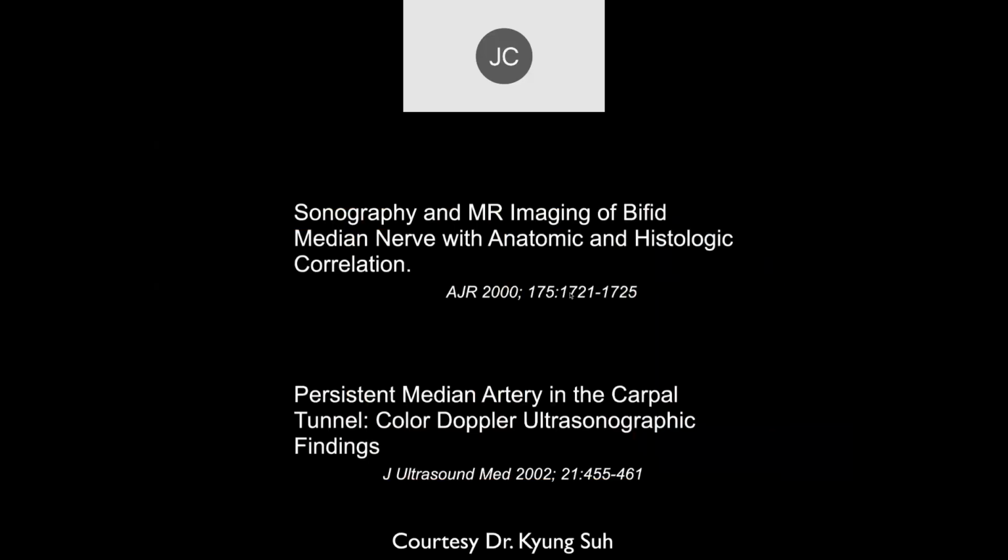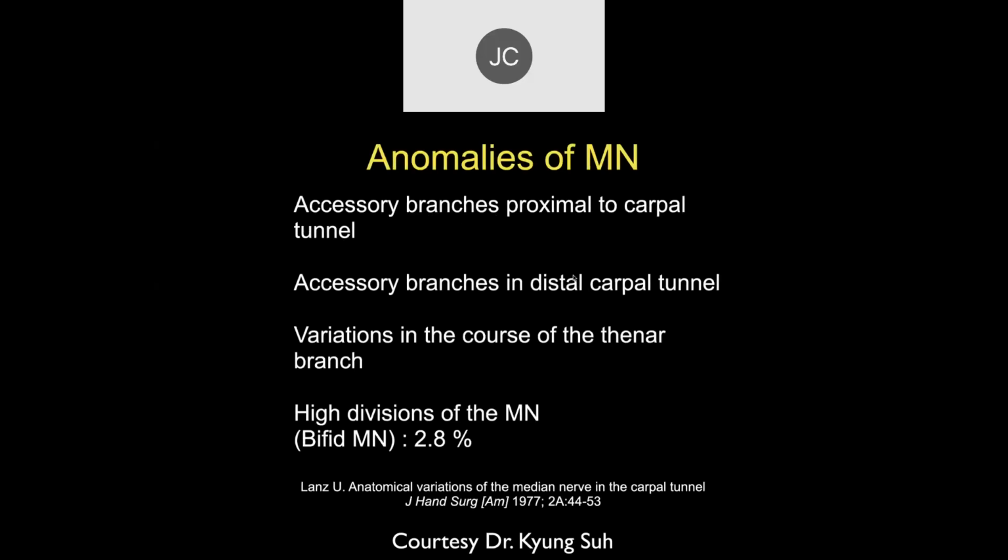And what you can see is that there's actually a lot of variation in the anatomy of the median nerve. You can have one, two, or three fascicles of the nerve. And when you have that, you can often have vein and artery going along with the median nerve into the flexor retinaculum.